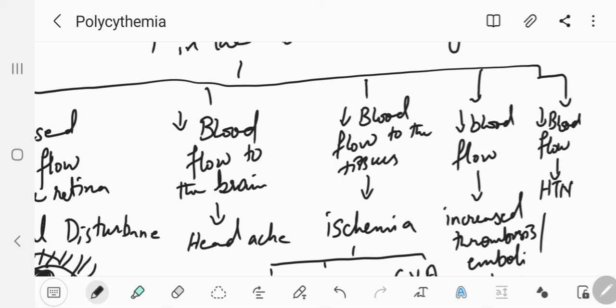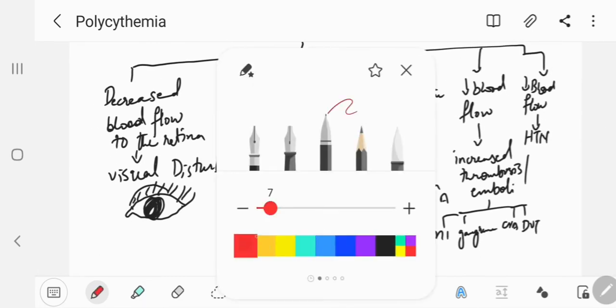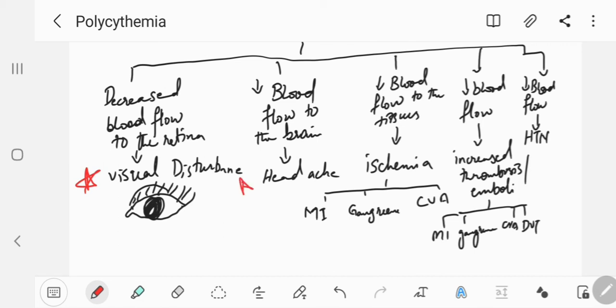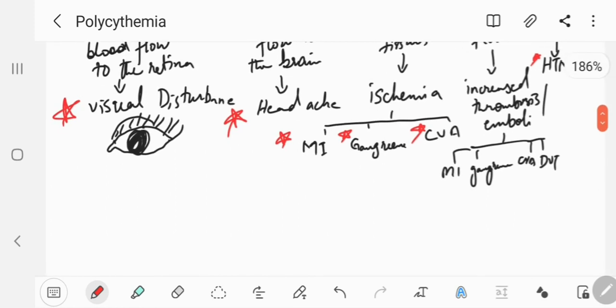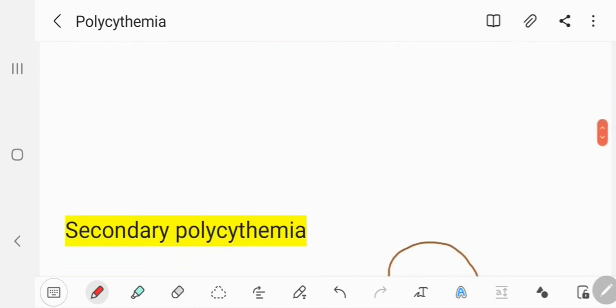The decreased blood flow to different tissues also leads to hypertension as a response. So the patient will present with visual disturbances, headache, and may present with hypertension, and a few disorders like MI, gangrene, or CVA.